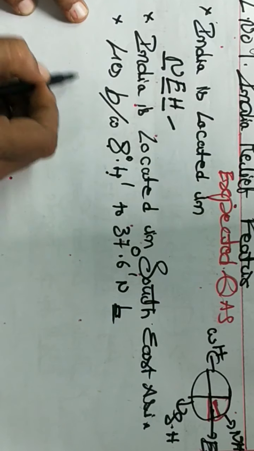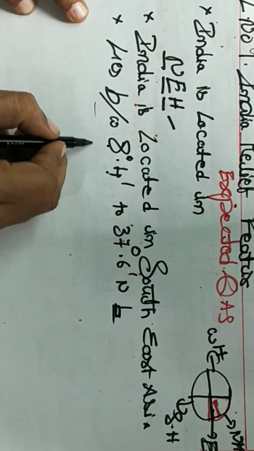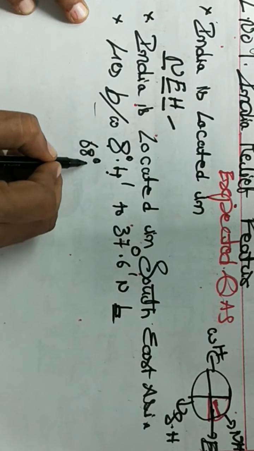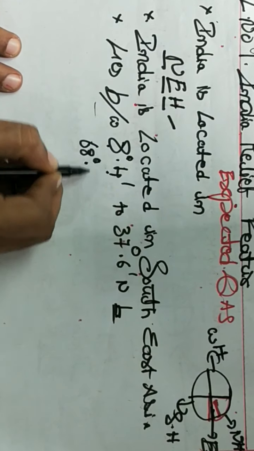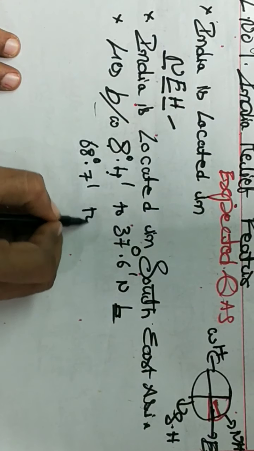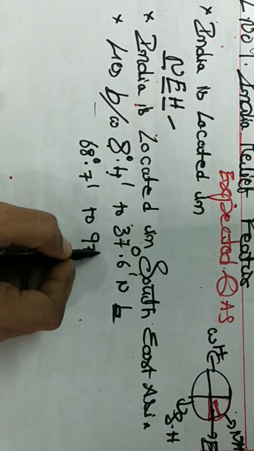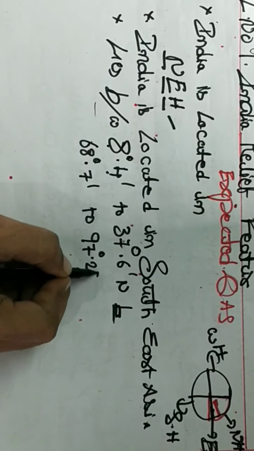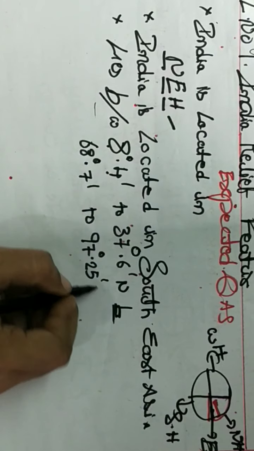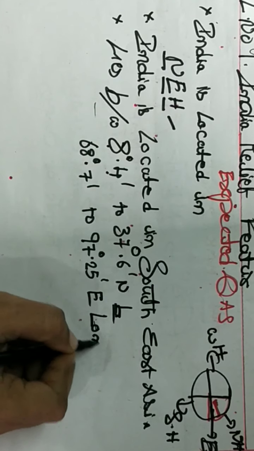This degree symbol indicates degrees, and this symbol indicates minutes. Okay, now India lies between 68 degrees 7 minutes to 97 degrees 25 minutes east longitude.